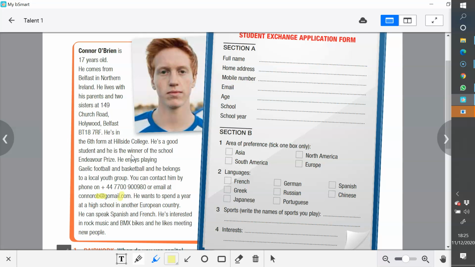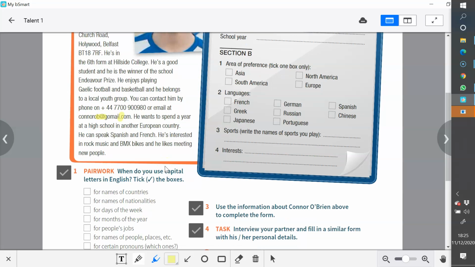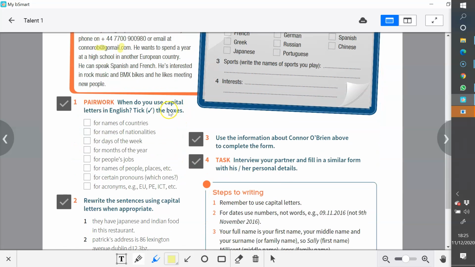We normally don't use capital letters, for example, to talk about school subjects. We don't write Spanish or French or English with capital letters, while in English it is extremely important to write capital letters. So today we have a look at the importance of capital letters in English, because they are differently used and also because a lot of Italian students very often make mistakes.